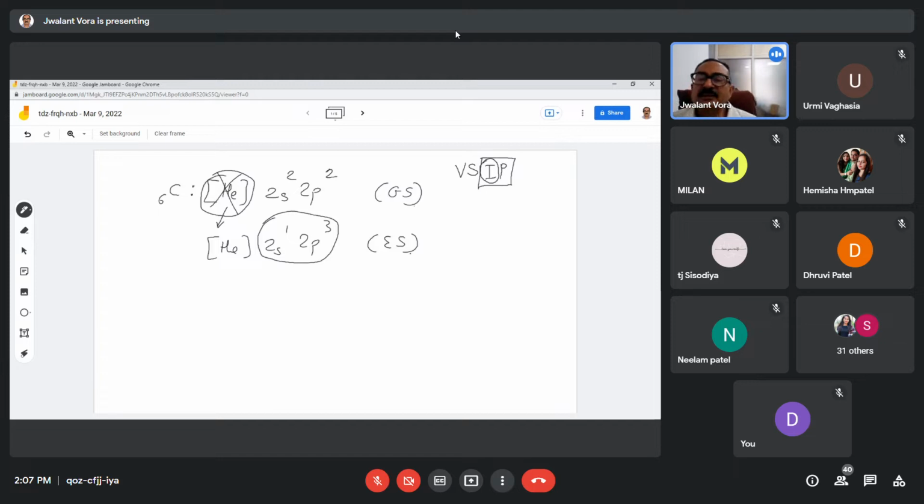Ionization, that is either removal of the electron or addition of the electron. So either carbon can be converted into carbon plus, this is said to be present in the ionic state, or say carbon minus, this is also said to be ionic. So the potential that we have to apply, particularly in this part, it is the removal of the electron.